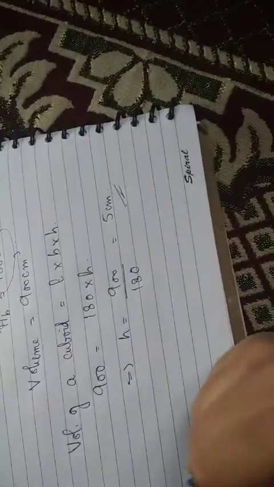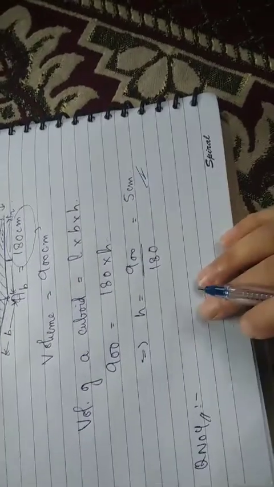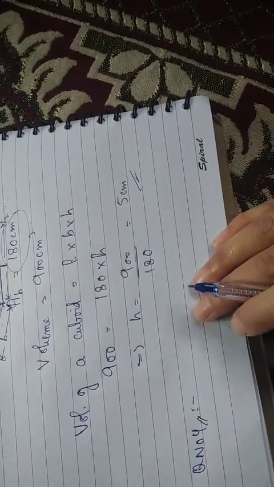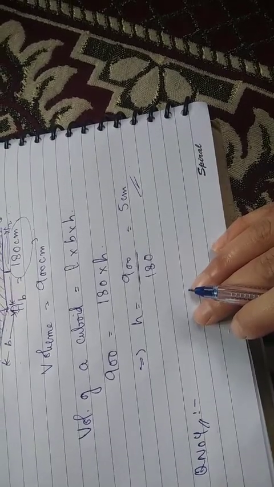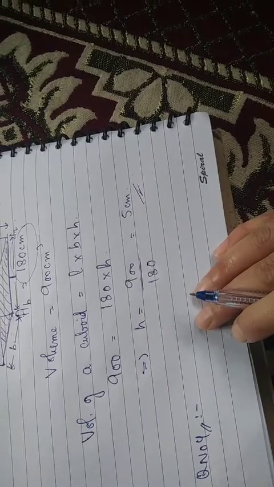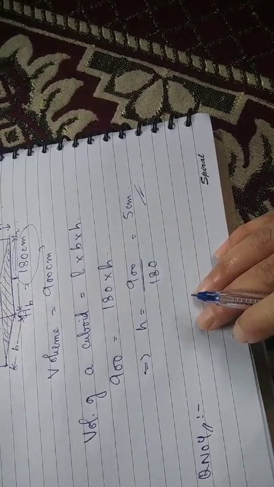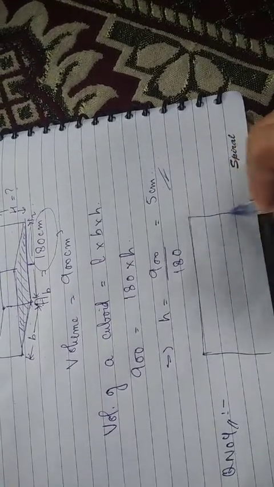Moving on to question number 4. Okay, so question number 4 is, a cuboid is of dimension 60 centimeter into 54 centimeter into 30 centimeter. How many small cubes with sides 6 centimeter can be placed in the given cuboid? See, we are given a big cuboid.